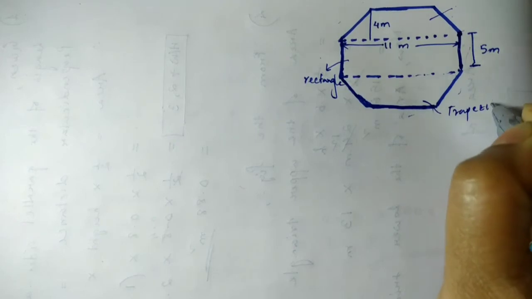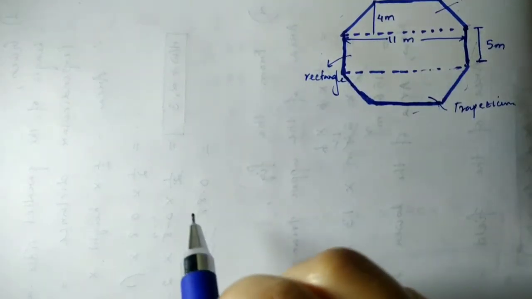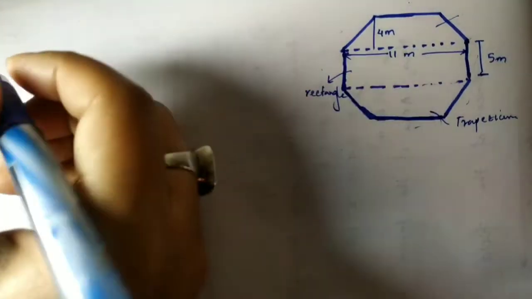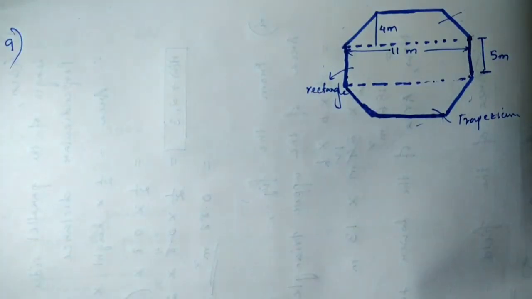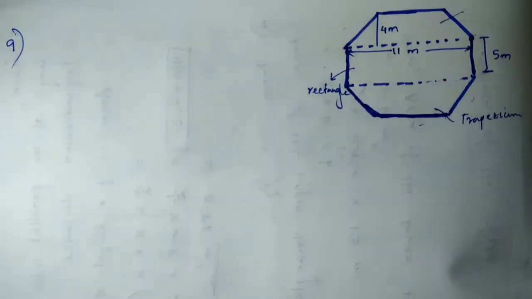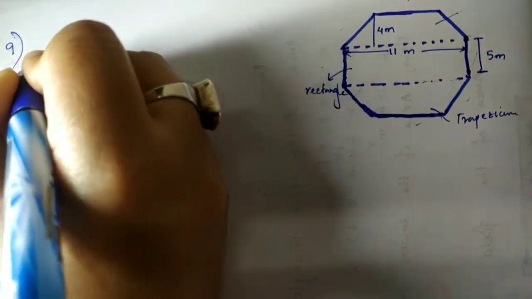So if I find the area of the first and the second trapezium and the area of the rectangle, then I can add them up and I can easily find the area of the particular octagon. If I find the area of one trapezium, I can just multiply it by 2, because the areas of these two will obviously be the same.